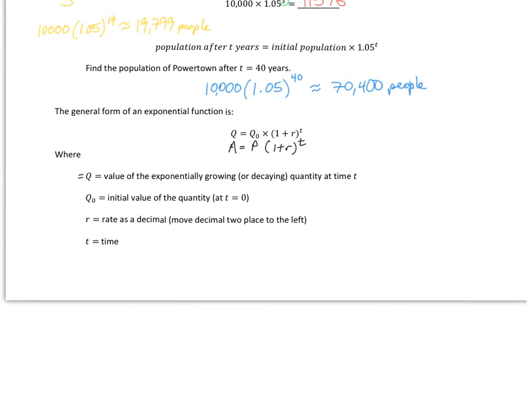So again, you can think of Q as A, and you can think of Q sub 0 as P. So this formula should be nothing too new for you. This works exactly the same as the annual compound interest formula.